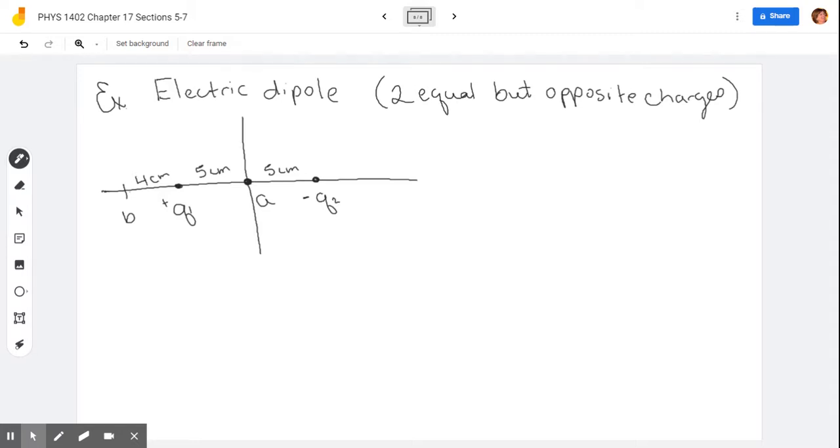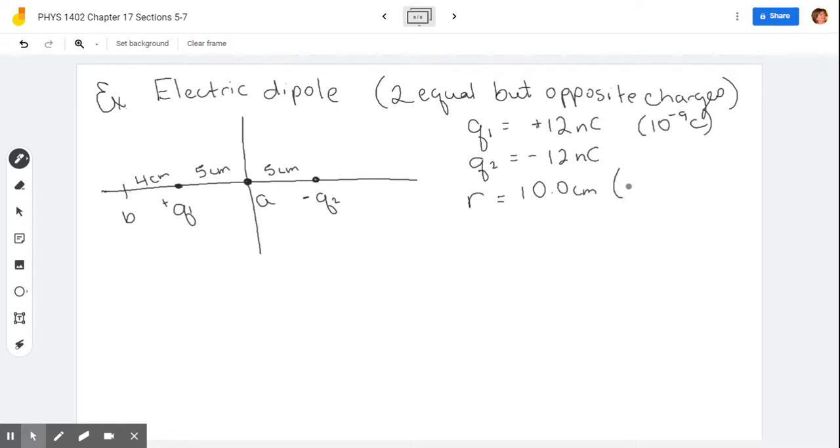Let's write down what they tell me. Q1 is positive 12 nanocoulombs. Nano is 10 to the negative 9 coulombs. Q2 is negative 12 nanocoulombs. The distance between the two charges, that's R, is 10 centimeters.